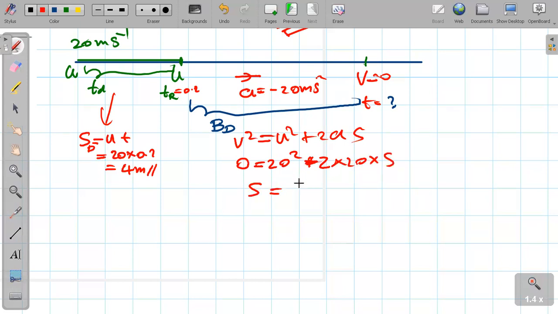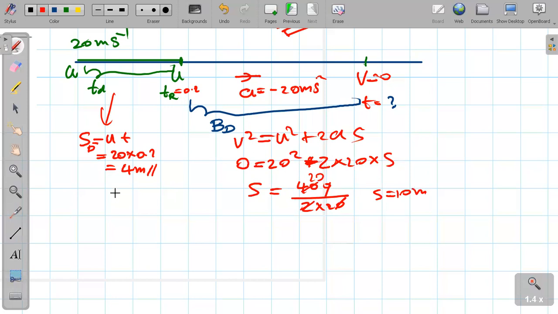Displacement is going to be 400 divided by 2 times 20, the 0 cancels off, it is 20 divided by 2, 10 meters. Your answer is going to be 10 meters from here.